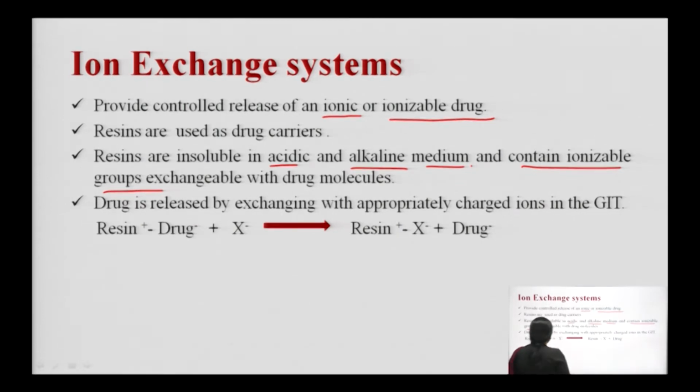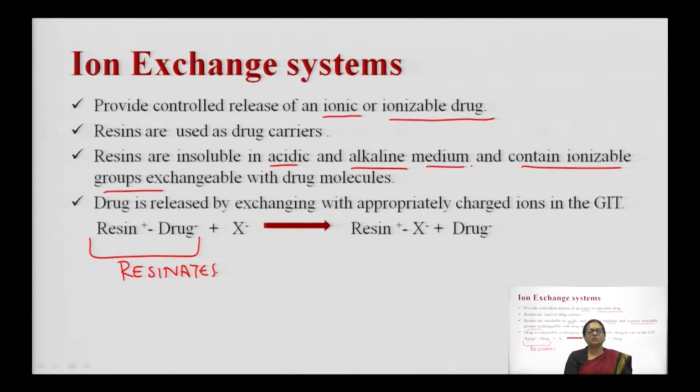So, you can see here that the drug can be adsorbed onto the resin surface to form a complex, and these complexes are called resinates. These resinates, when they enter the GIT, will exchange the drug for the corresponding ions.